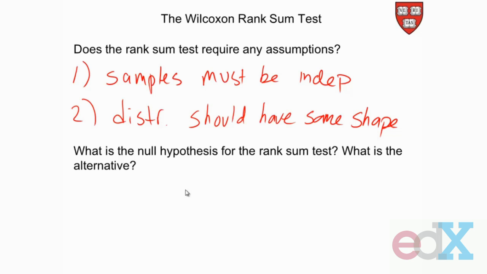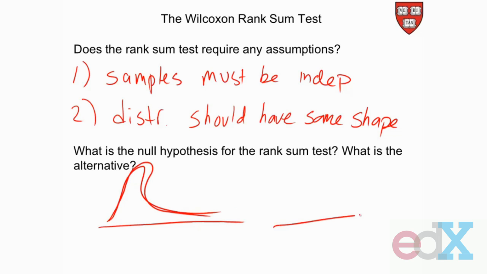Since we assumed the two distributions have the same general shape, a difference of medians would simply imply that the two distributions have the same shape, but they're only shifted in location. So what we're saying is the null is that they have the same general shape and location, while the alternative is that they still have the same shape, but it's just shifted by some constant.